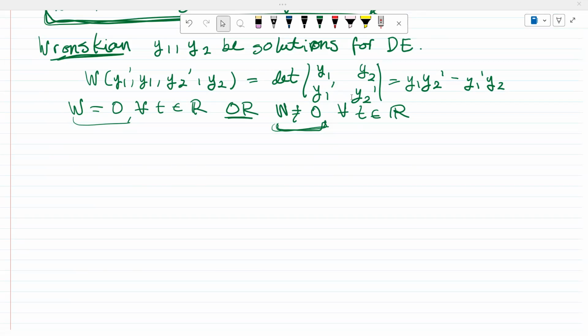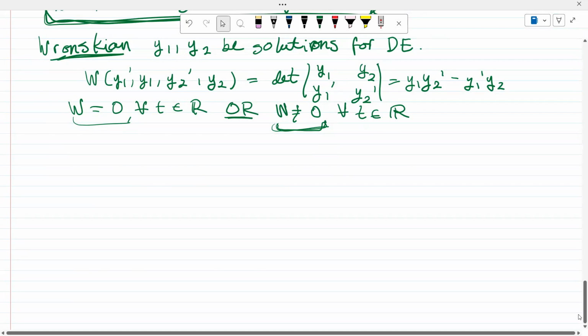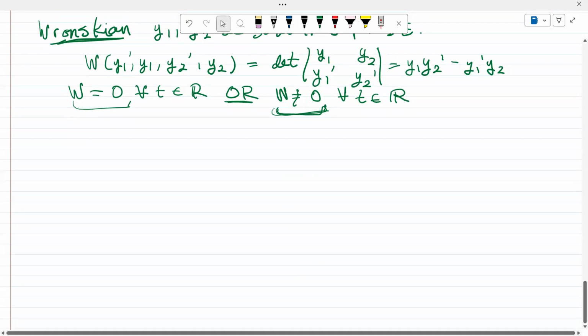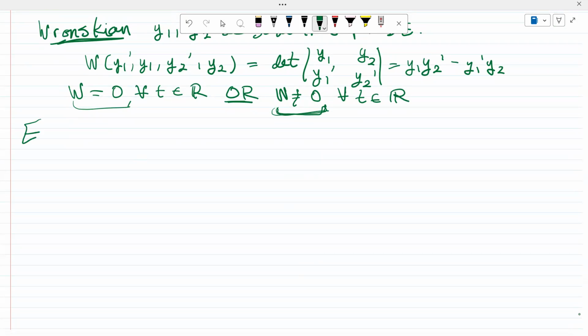So for Frobenius, I am going to use the following example. Example number 1, Frobenius.